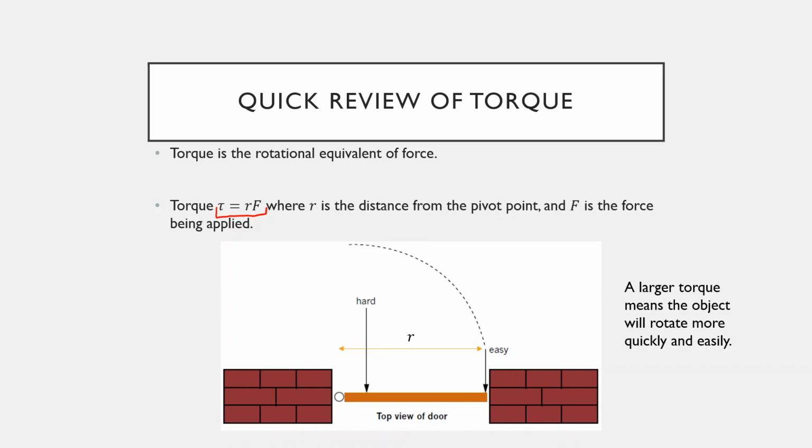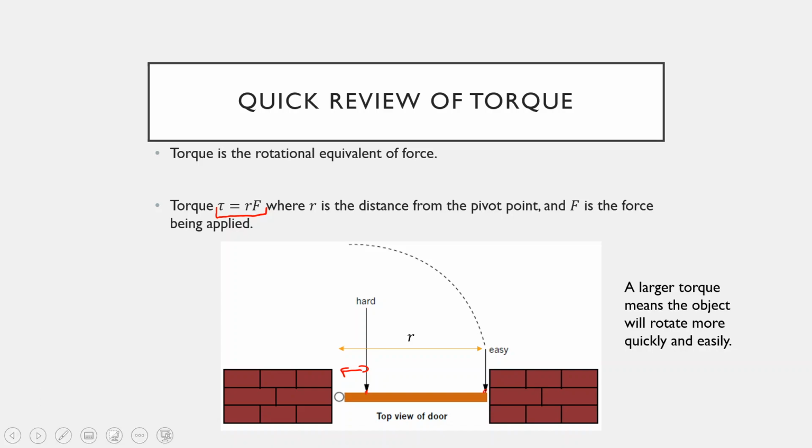You can see that this distance here is much shorter than this distance here, which means that the torque is going to be smaller if you apply your force here than if you applied it over here, meaning that it's easier to open the door if you push it from further away from the hinge. That's all that's saying. But the main idea is torque is the rotational equivalent of force. It's how easy it is to make something rotate.